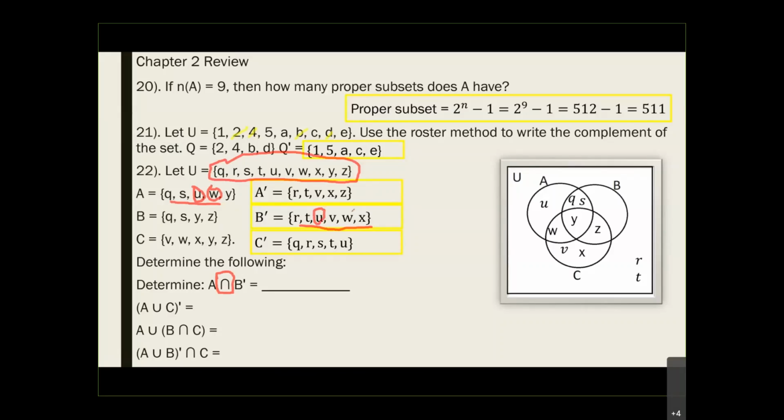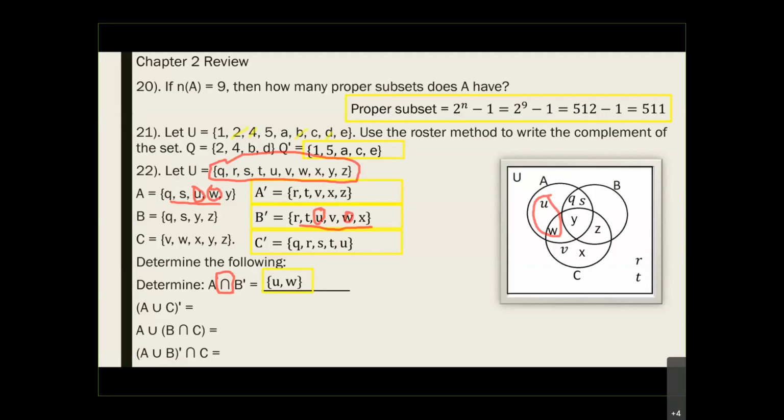You can do it this way, or you can look at the Venn diagram and ask what is in A but outside of B? Do you agree that these two items are inside A but outside of the B circle? Everything else is outside of the B circle, but the only two items inside A are the U and the W. So either way you do it, the answer is U and W, not U and V, sorry.